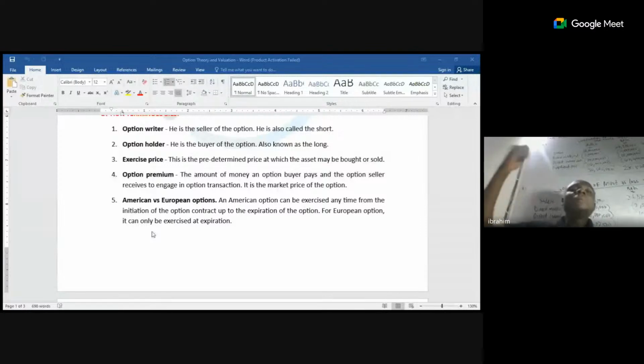Therefore, Mr. Peter will be in the money, because of the difference between what you exercise at, 100 naira, and 500, you can decide to sell. He will be in the money, just make a profit. And that is what they do in the option market.